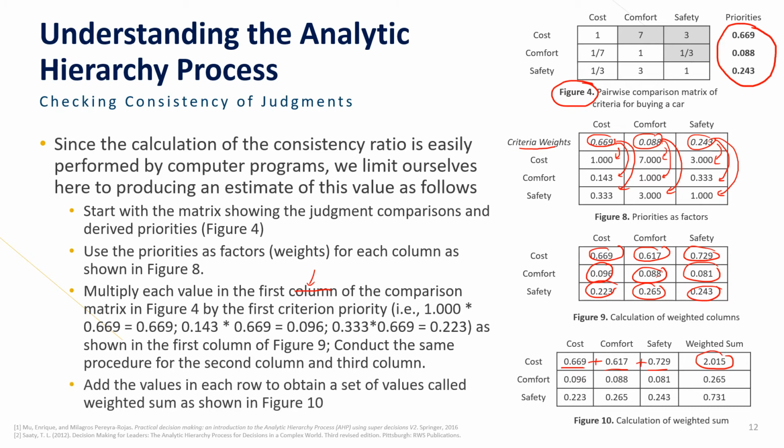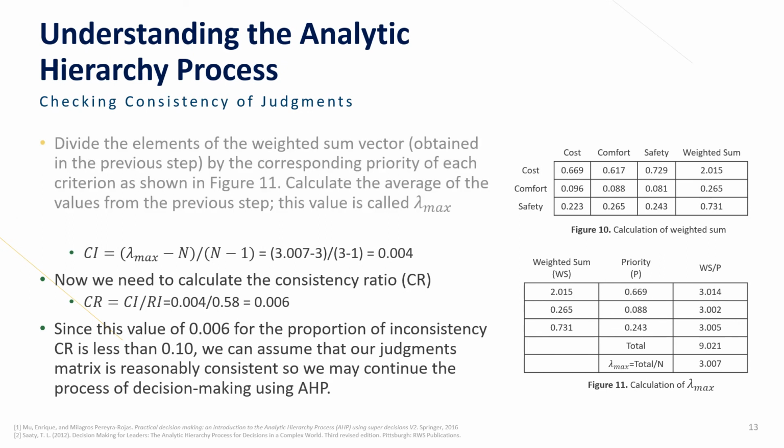Okay, you need to add the values. Based on this one, you will have this one, like the last one, the calculated weighted sum column at the end of the day. From this weighted sum column, you put back the priority of each weight here.